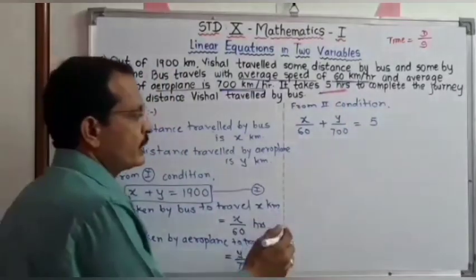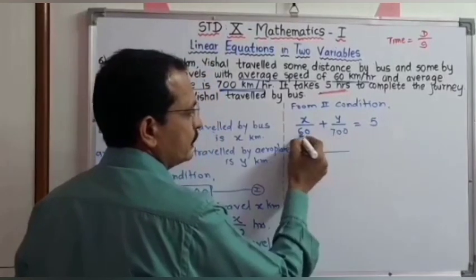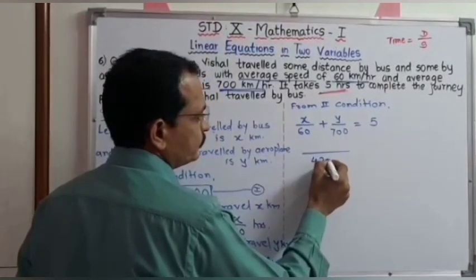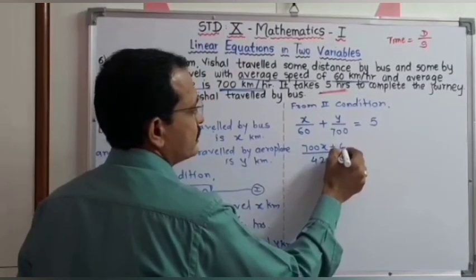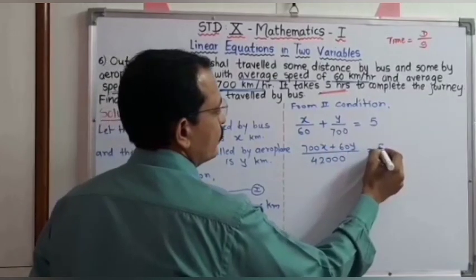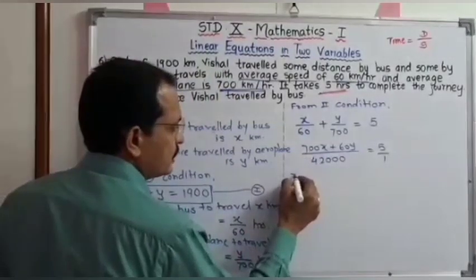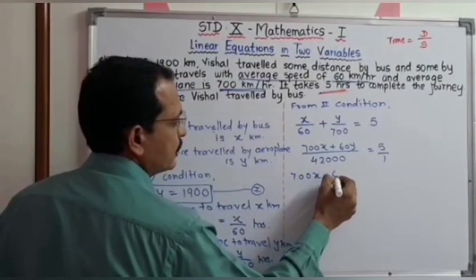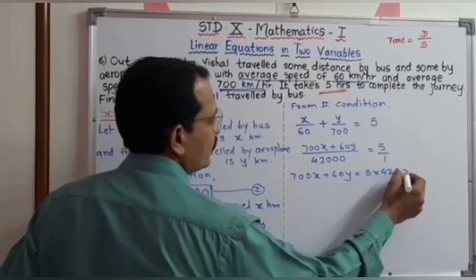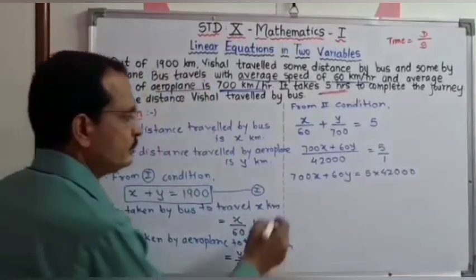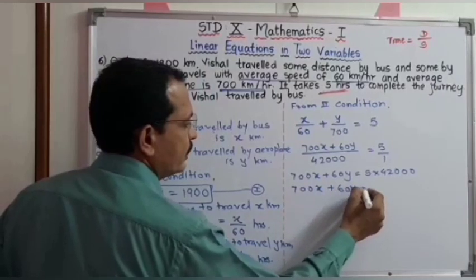Now we have to simplify this. For that purpose, cross multiply: 700x plus 60y is equal to 5 upon 1. Now 700x plus 60y is equal to 5 into 1000, so 700x plus 60y is equal to 5000.